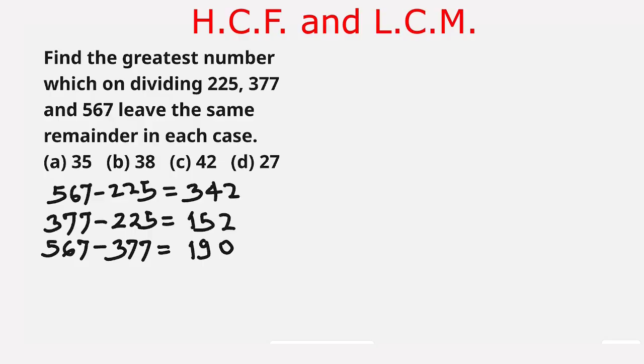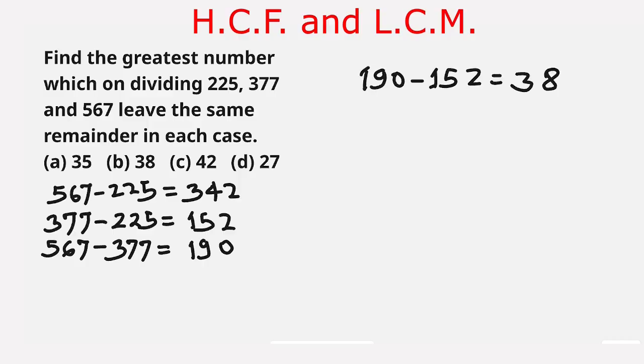And we know the property that the HCF can never be greater than the difference between the given numbers. So 38 might be our answer. Now we see that 38 divides 152 for 4 times and 190 for 5 times.